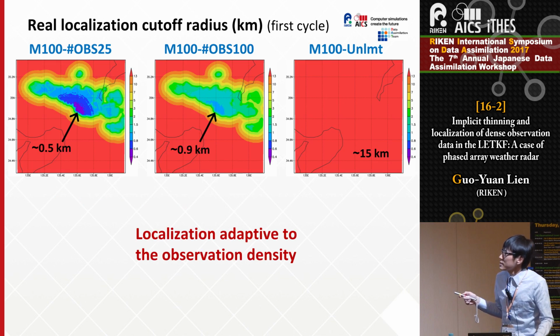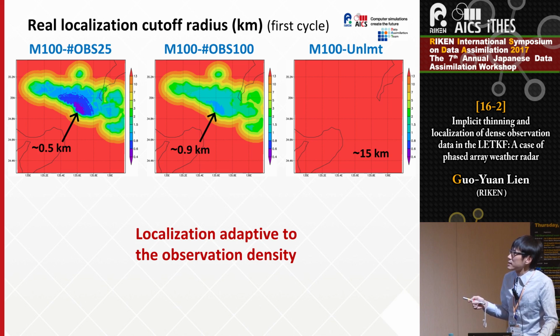And this is the real localization cutoff radius with the implementation of these number limits. In the original LETKF, we use a 4 kilometer localization length scale, which is equal to about a 15 kilometer cutoff radius. But if you implement this, and you choose a small number limiter, you adaptively change the localization radius to a very small distance.